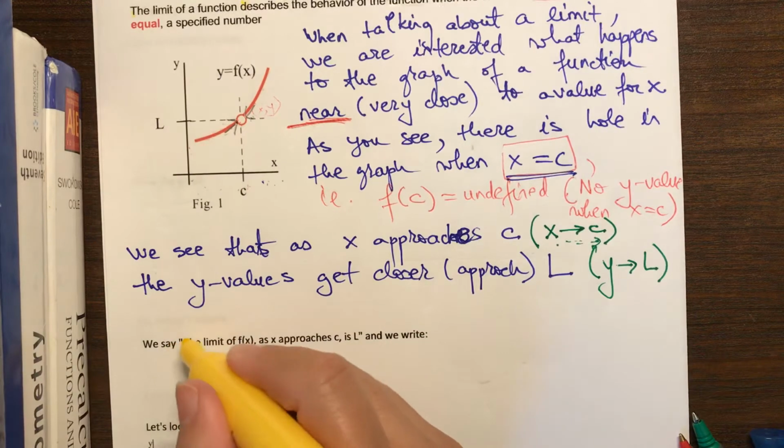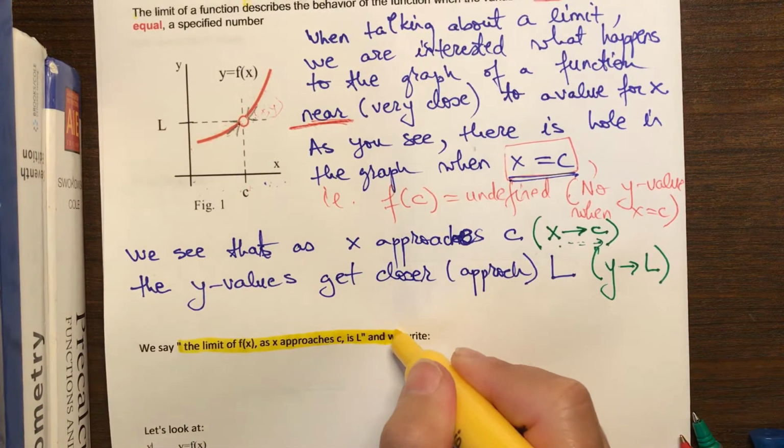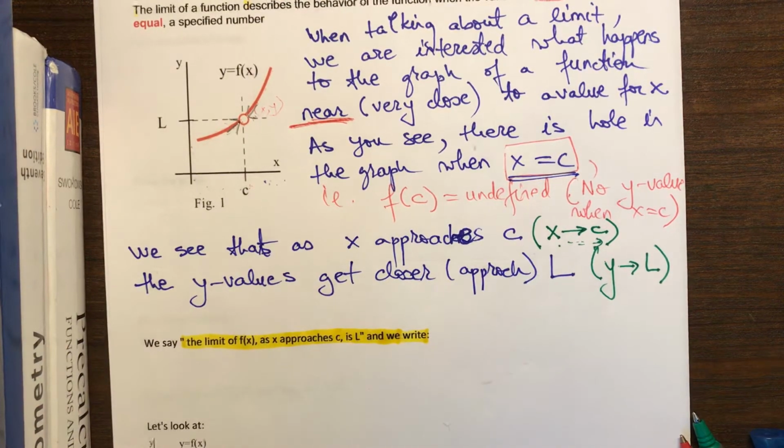And this is what we say. We say the limit of f of x as x approaches c is L, right? That's exactly what we said.